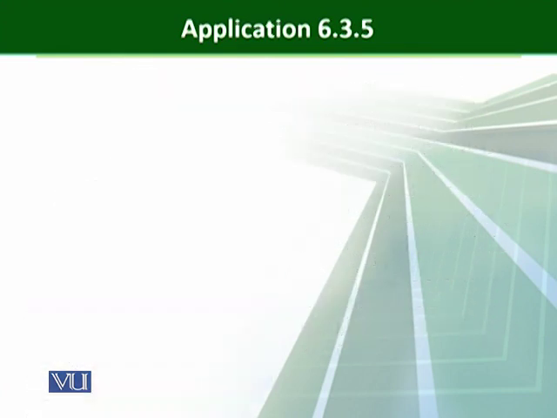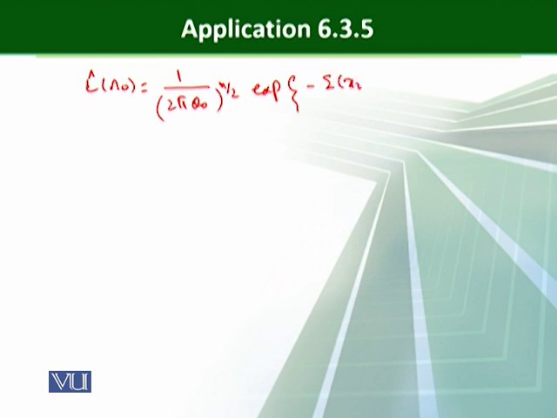First of all, we have to find the two likelihood functions. One is based on the null hypothesis, that is L hat gamma naught, which is (1 over 2 pi theta naught) raised to power n by 2 into exponential of minus sum of (Xi minus mu naught) square, because it is based on the null hypothesis, divided by 2 theta naught.